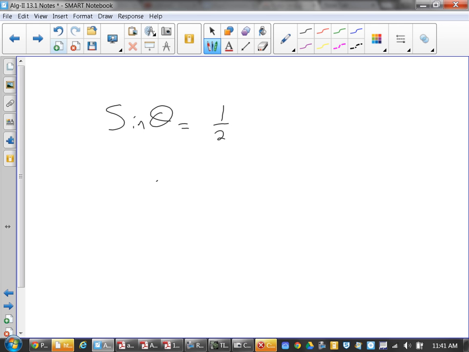We're going to look at different quadrants, and when we do this in different quadrants, we have to know how to pop around between the different quadrants.